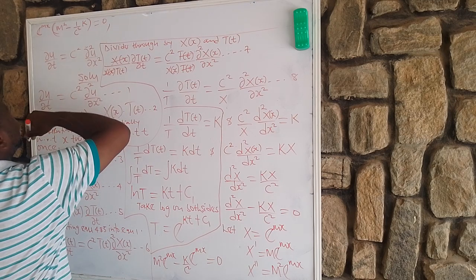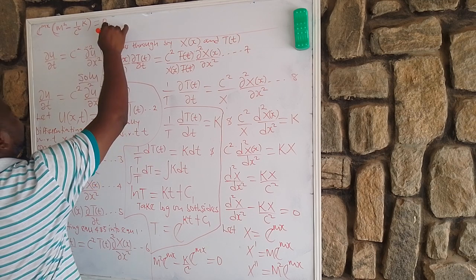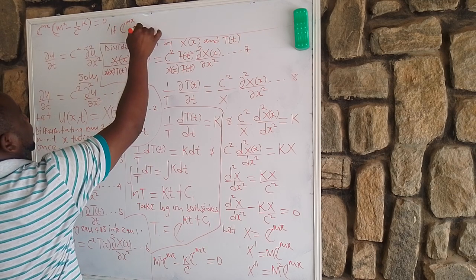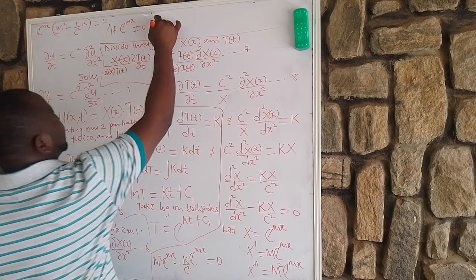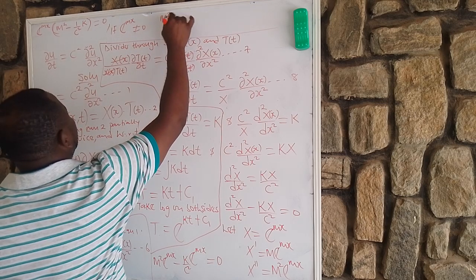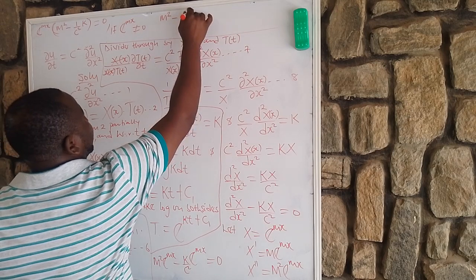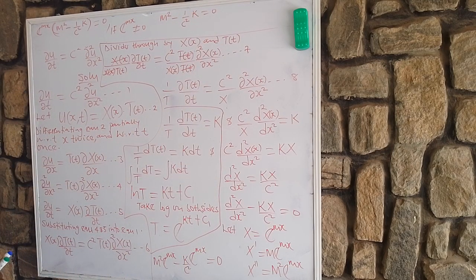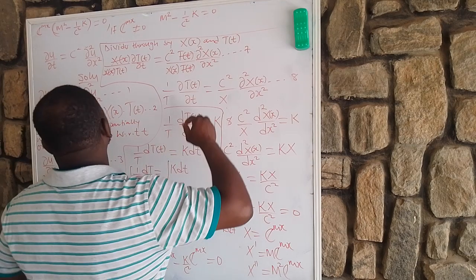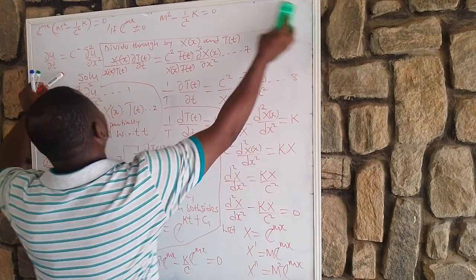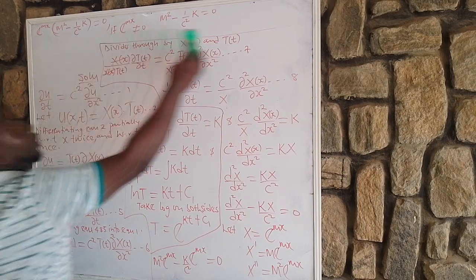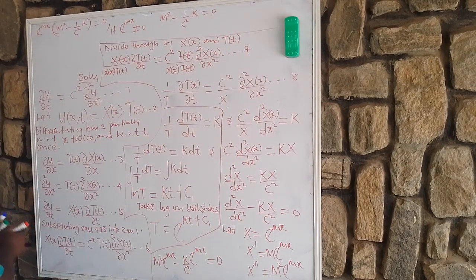So here will now be, if exponential mx is not equal to 0, it means our m square minus k all over c square is equal to 0. So we are going to look for m1 and m2.